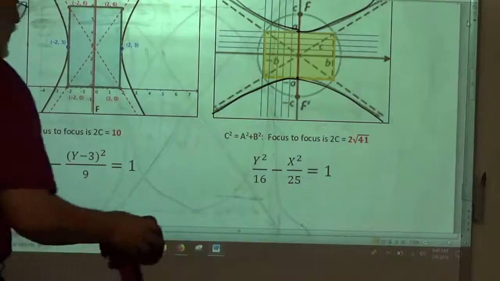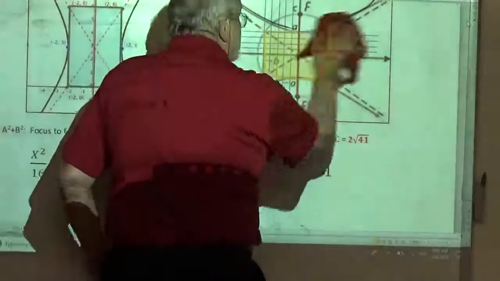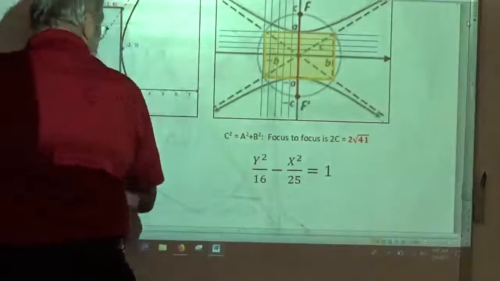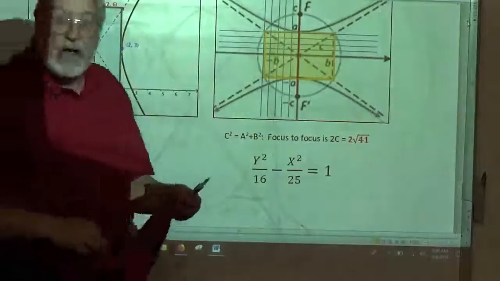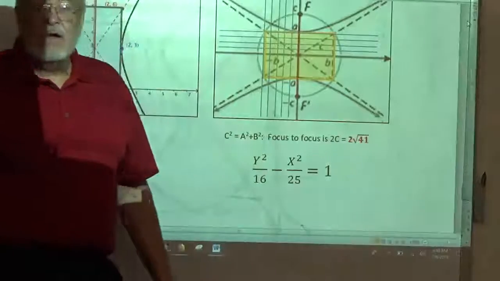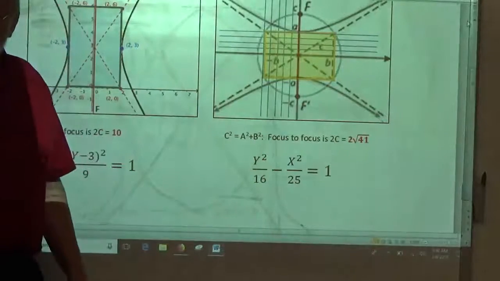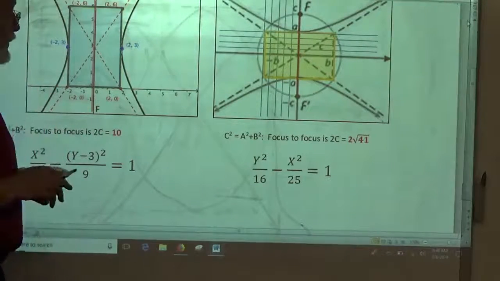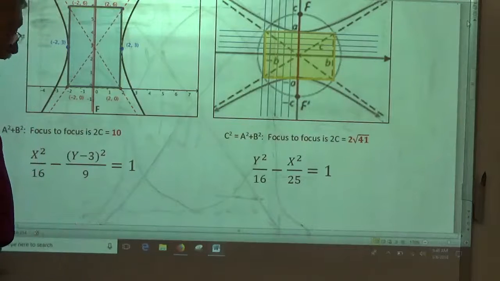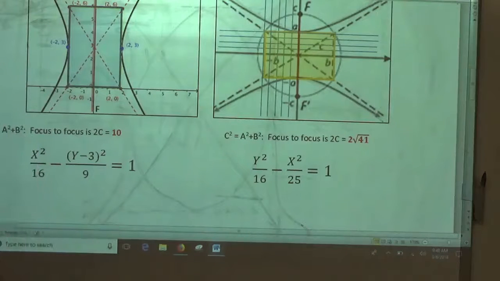Okay, now, for conic sections, that's relatively all that you need to know in order to compare the equation with the graph. All right, now let me go back and let's look at another one.